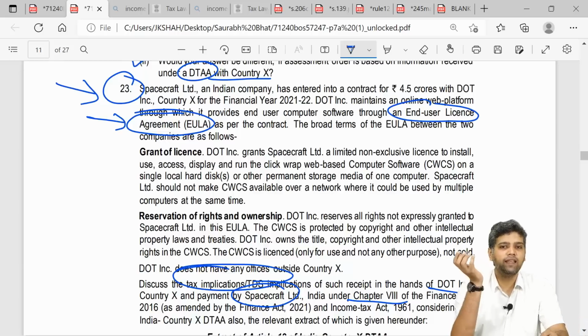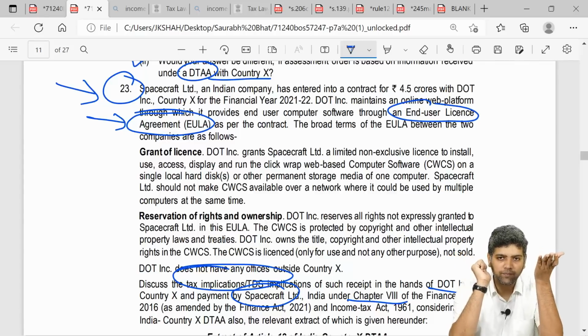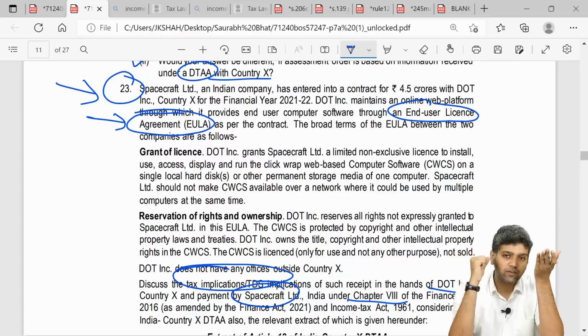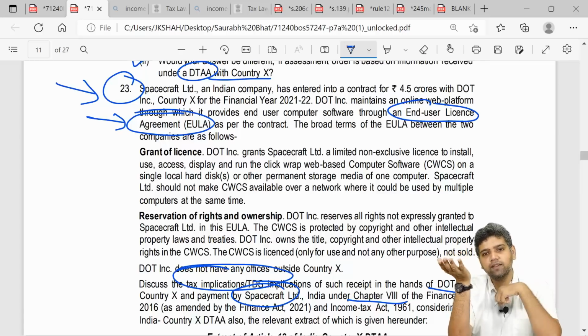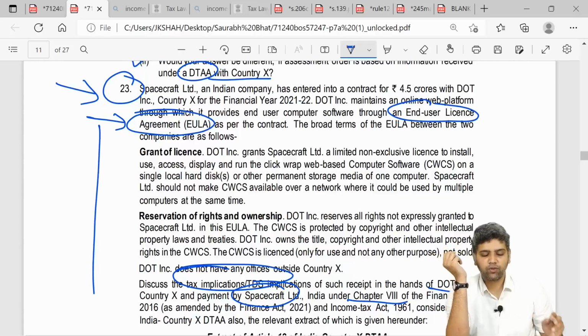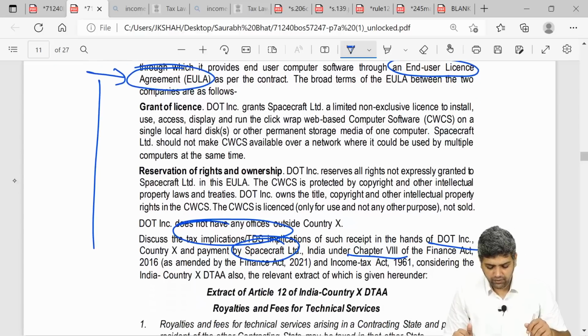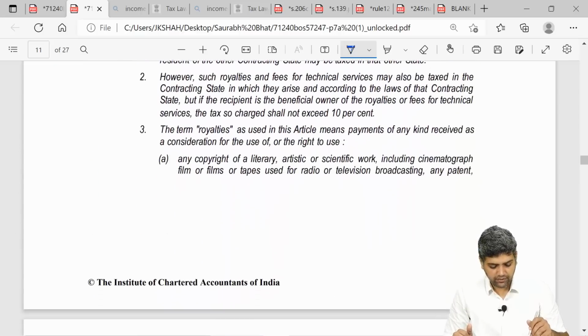So you need to think like this, that if it is a royalty, then equalization levy does not apply. If it is not a royalty, then equalization levy definitely applies. In this case, because it is not a royalty, therefore equalization levy definitely applies to the seller of the software. How do we know it's not royalty? Based on Supreme Court's decision. So that is answer to question number 23.